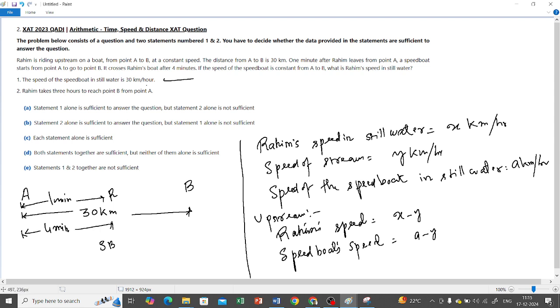The speed of the speedboat in still water is 30. The speed of the speedboat in still water is a.